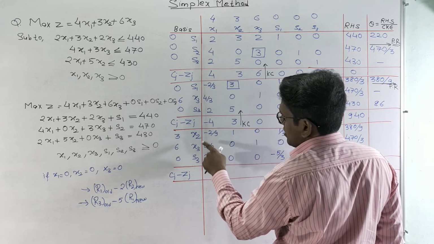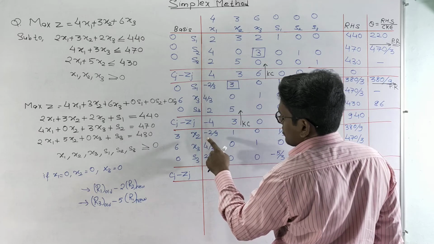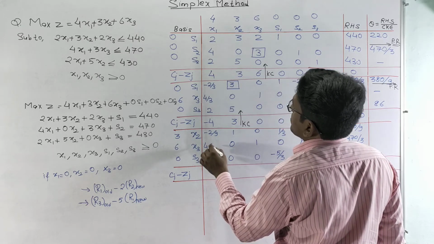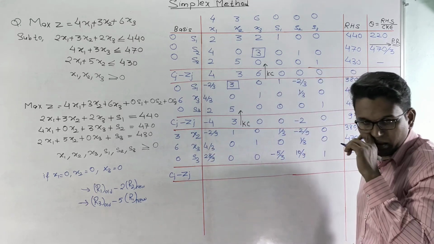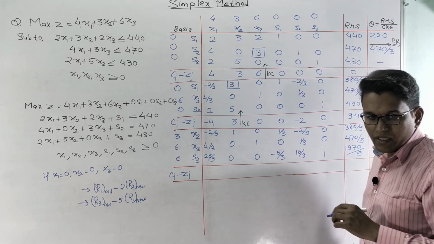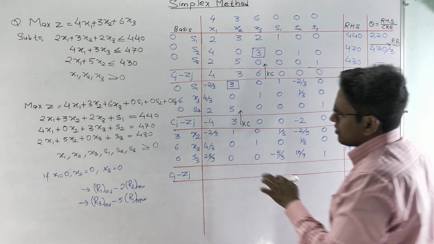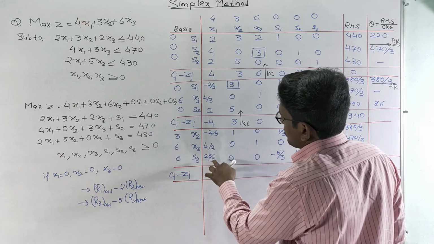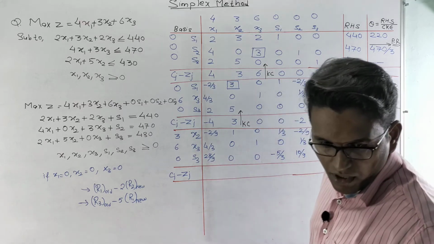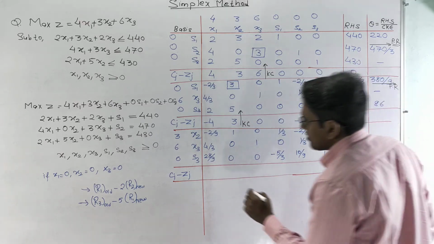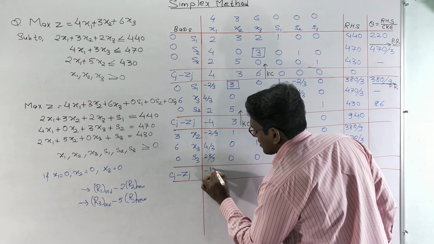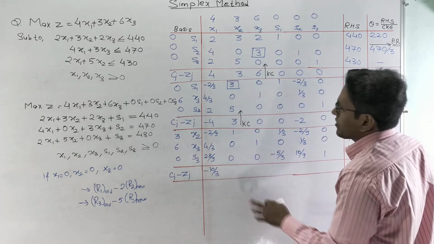Minus 2 by 3 plus 24, minus 2 plus 24, 22. Okay, this will come as minus 22 minus, okay, this will come as minus 10 by 3.